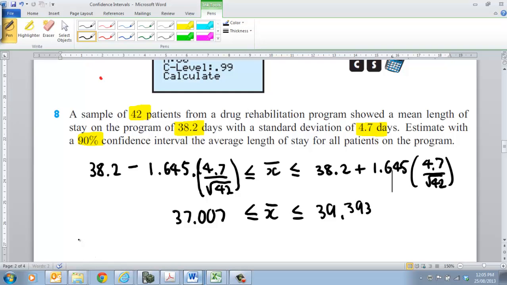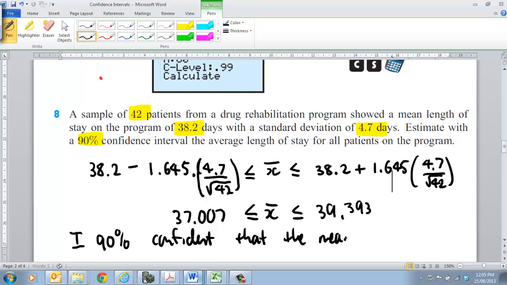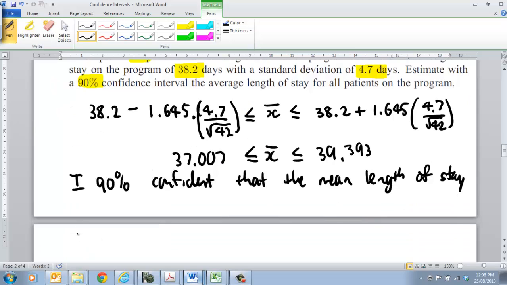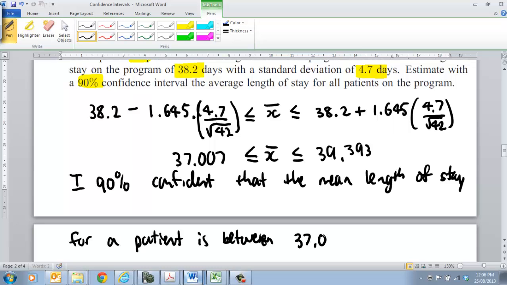So what it means is I'm 90% confident that the mean length of stay, and you need to put it in the context of the question, for a patient is between 37.07 days and 39.39 days. All right, so that's how you do your confidence intervals.